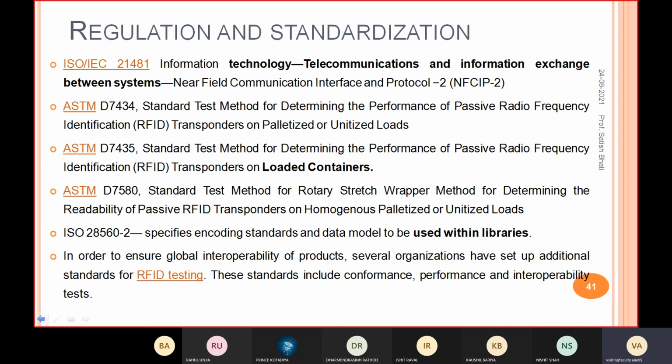These ASTM standards are the protocols, or standardization, for passive radio frequency identification, which is used on transported palletized or unitized loads. Then there are others like 7435, 7434, 7580, right?